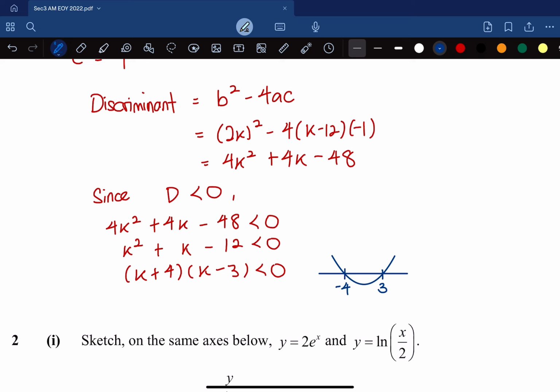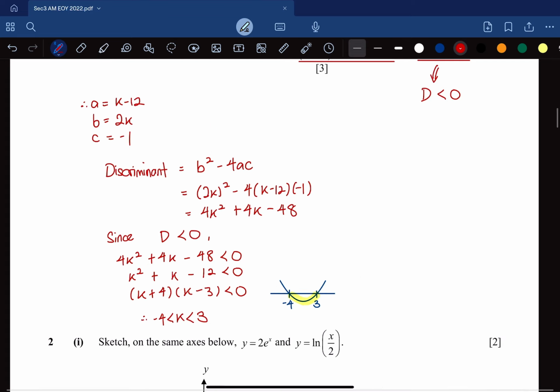And I want the part of the graph that is below the x-axis, which means that my solution should be this part over here. So therefore, the final answer to this question is simply k is strictly between negative 4 and 3. And this is my solution for question 1.